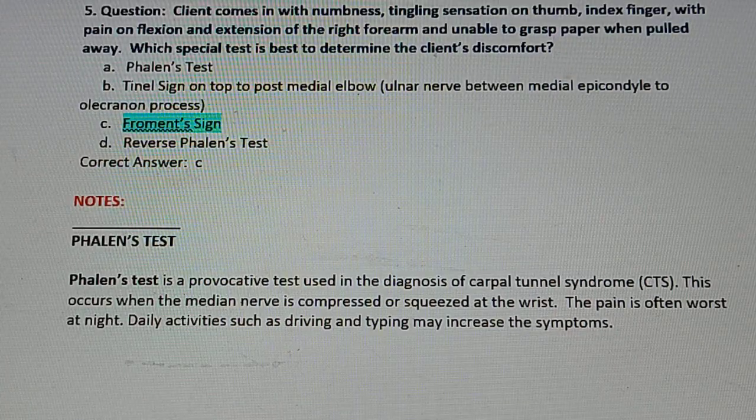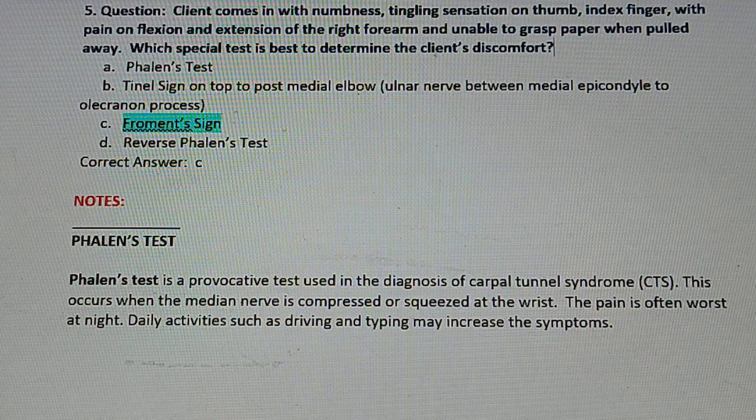There's Phalen test. Phalen test is a provocative test used in the diagnosis of carpal tunnel syndrome, the CTS. This occurs when the median nerve is compressed or squeezed at the wrist. Okay, so it's about the median nerve. The Phalen test tests the compression of the median nerve at the wrist of our arm.